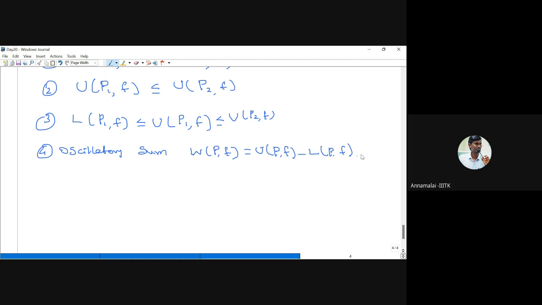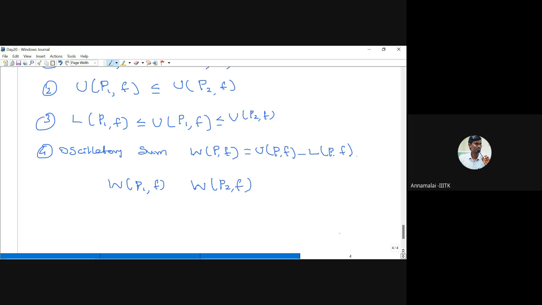Now, what is the relation between W of P1 comma f and W of P2 comma f? So, what is the guess? Anyone? What is W of P1 comma f and then W of P2 comma f?